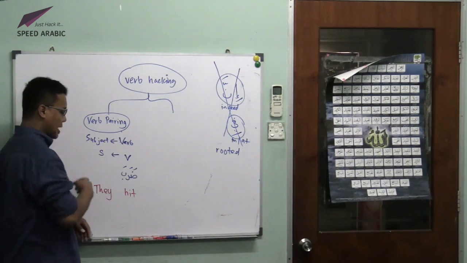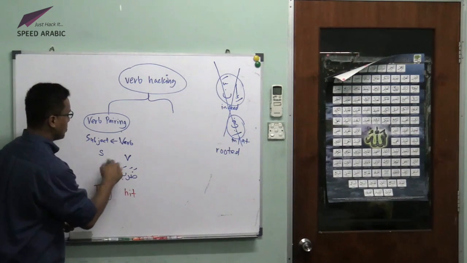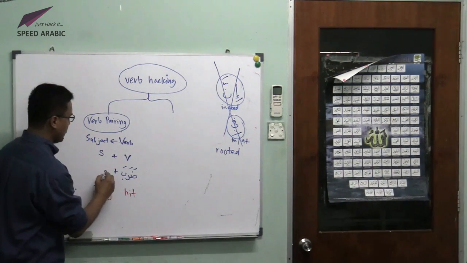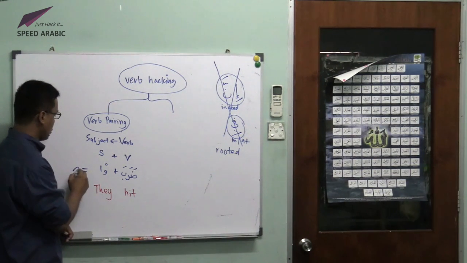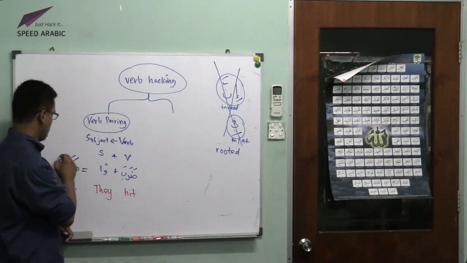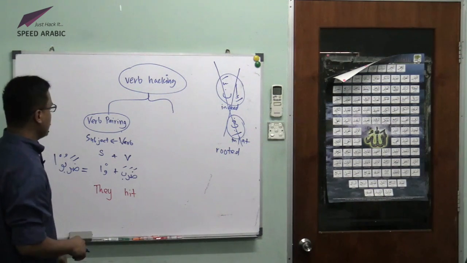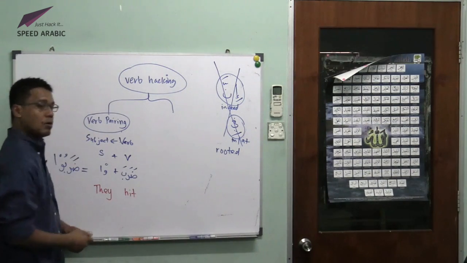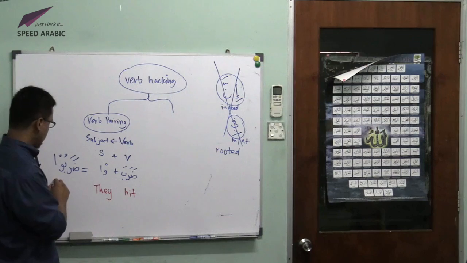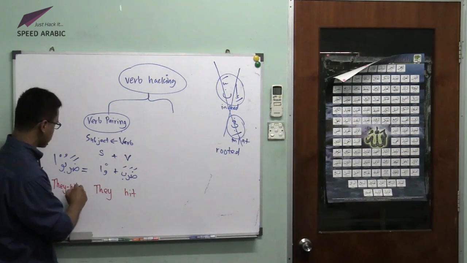So daraba plus waw alif is equal to darabu. Is equal to darabu. Okay. So what is the meaning of darabu? They hit. Okay. They hit.